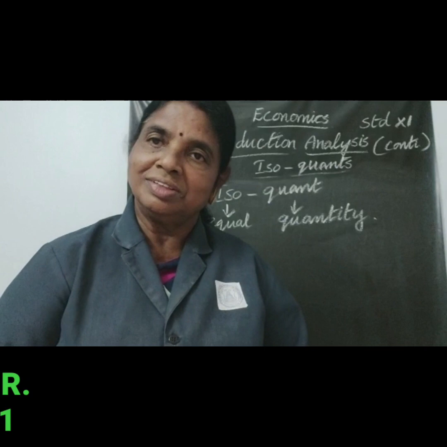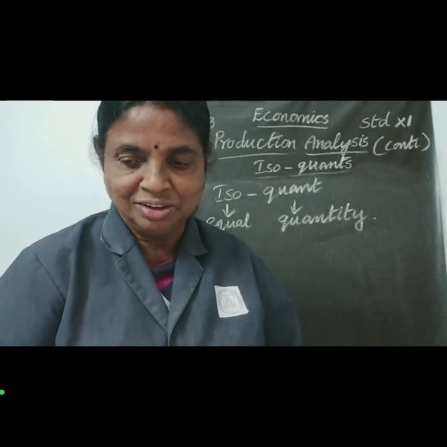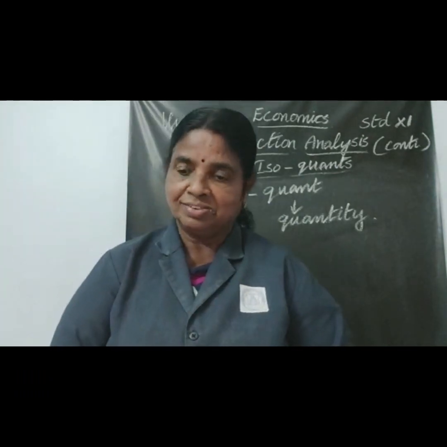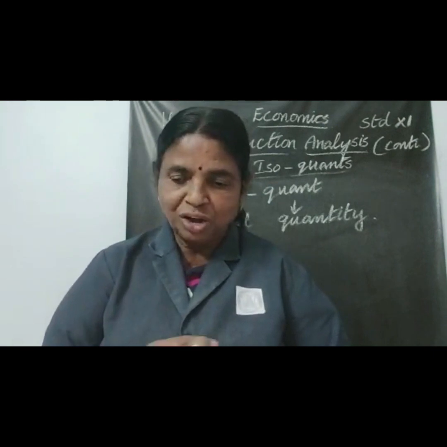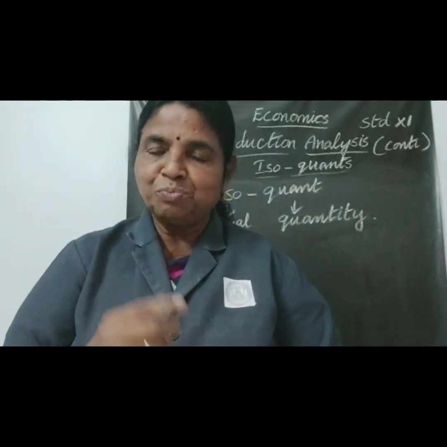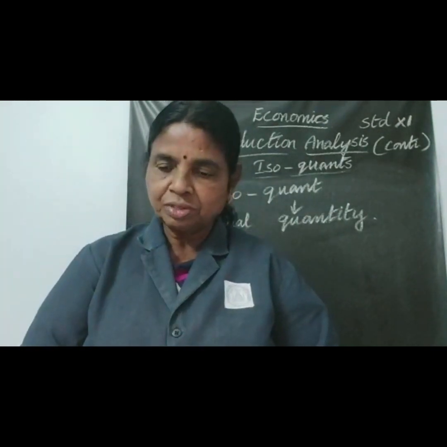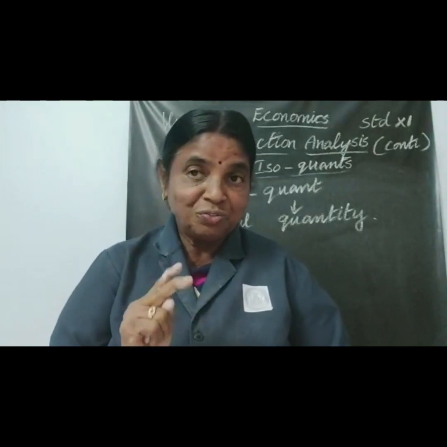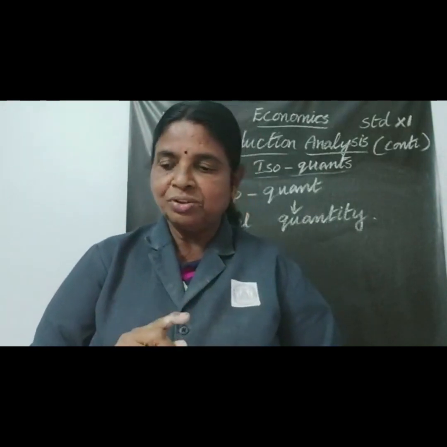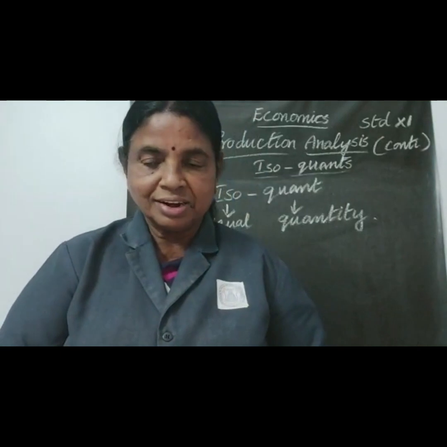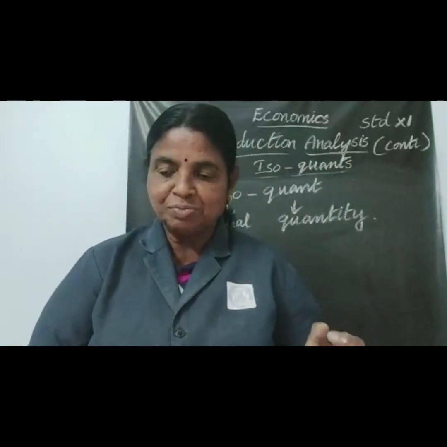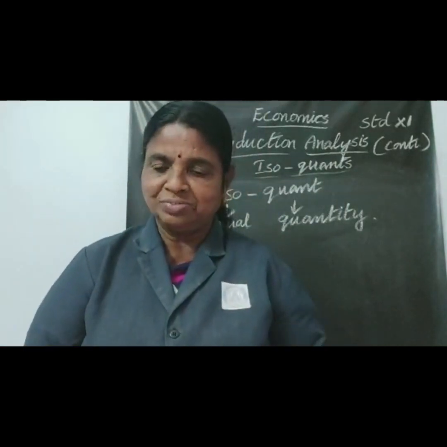Of course, there are assumptions too. The first assumption is that only two factors are used to produce a commodity. Secondly, factors of production can be divided into small parts.